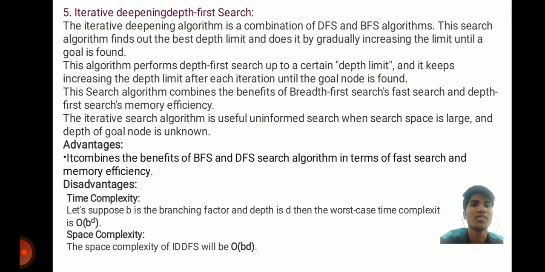So we will go to iterative deepening depth first search. It is a combination of DFS and BFS algorithms. This search algorithm finds the best depth limit by gradually increasing the limit until a goal is found.